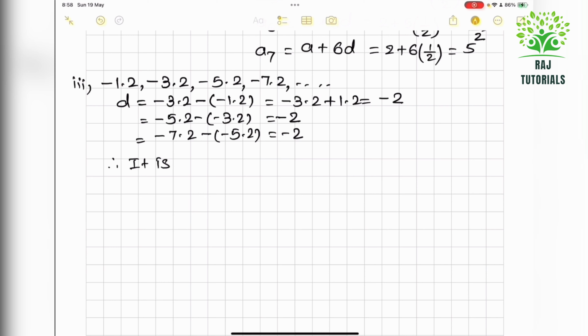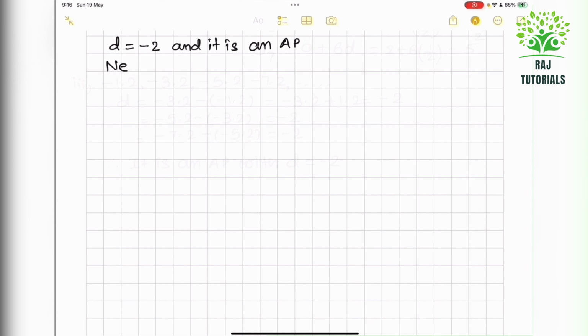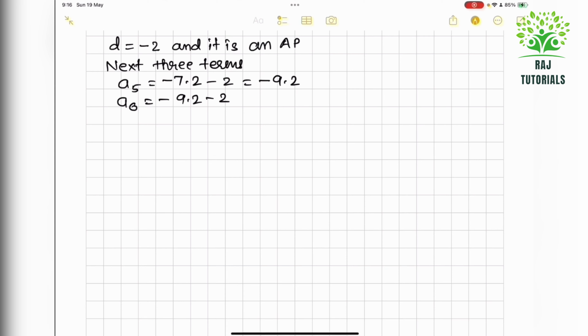Therefore, it is an AP with D equal to minus 2. Next three terms, A5 will be minus 7.2 minus 2, that is minus 9.2. A6 will be minus 9.2 minus 2, so that is minus 11.2. A7 will be minus 11.2 minus 2, that is minus 13.2.